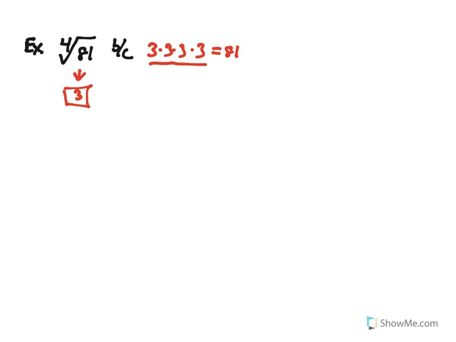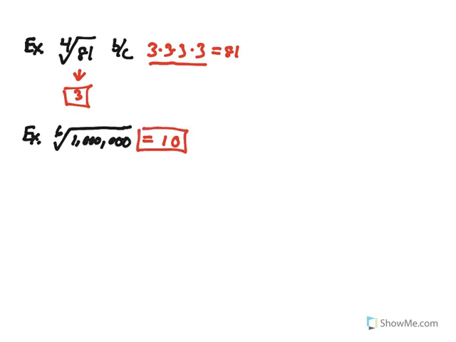Let's do one more. Let's take the 6th root of 1 million. Okay. 6th root of 1 million is going to be actually 10, because 10 multiplied by itself 6 times.